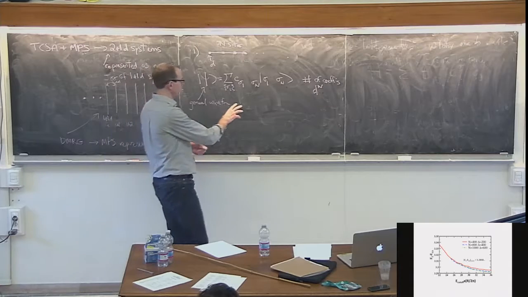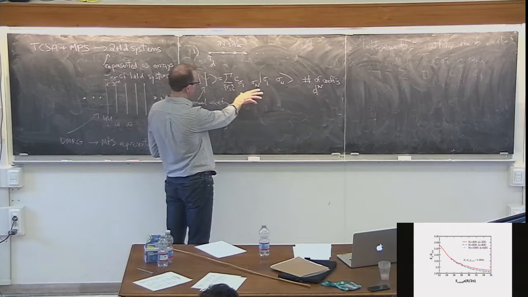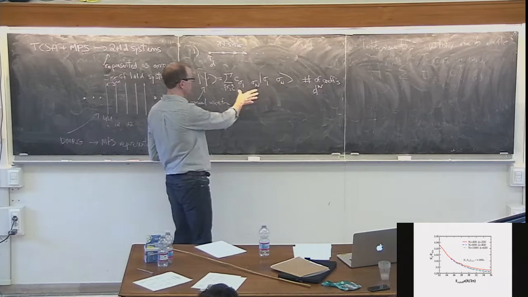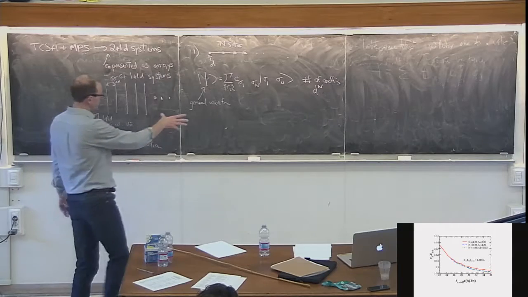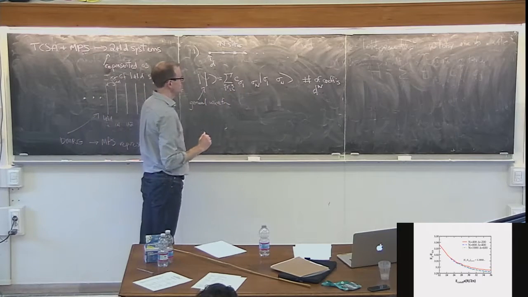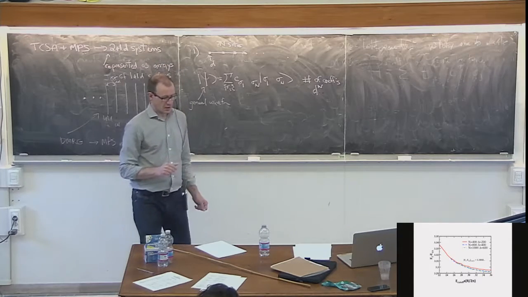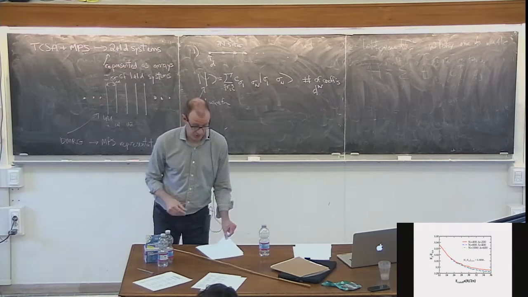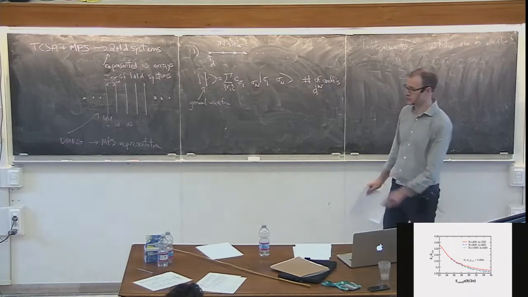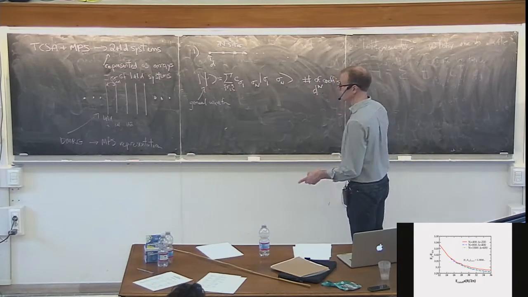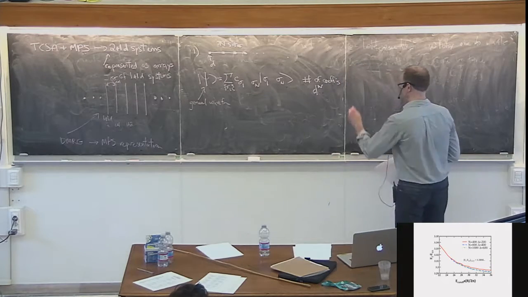Low-lying states in your spectrum typically have many of these coefficients being zero. So this very general representation for the many-body state is inefficient. And so that's where matrix product states come in. Matrix product states are a much more efficient representation of low-energy eigenstates in a general many-body lattice system.